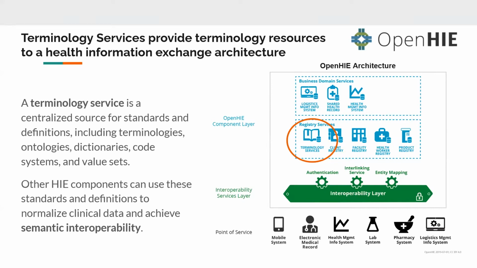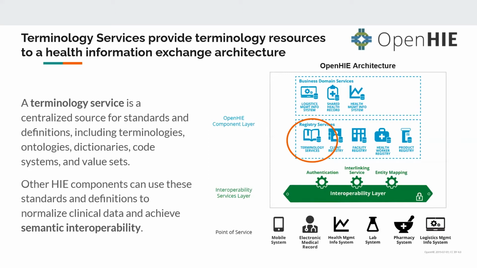And so it tends to be some of the other registry services like client or facility registries or an interoperability layer, such as OpenHIM. And terminology services tends to be an item that you start facing once you need it. And once you feel the pain of not having standardized terminology throughout your architecture, then you start to realize, okay, where do we start? How do we begin this?